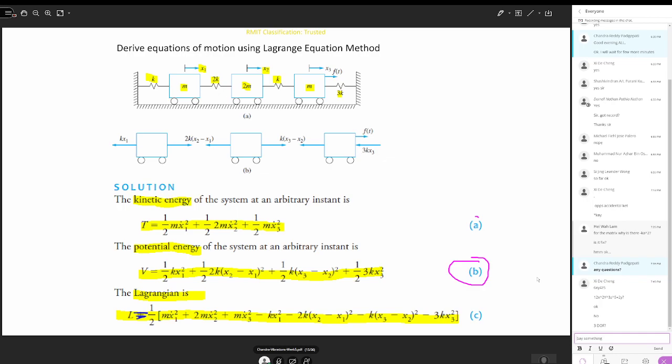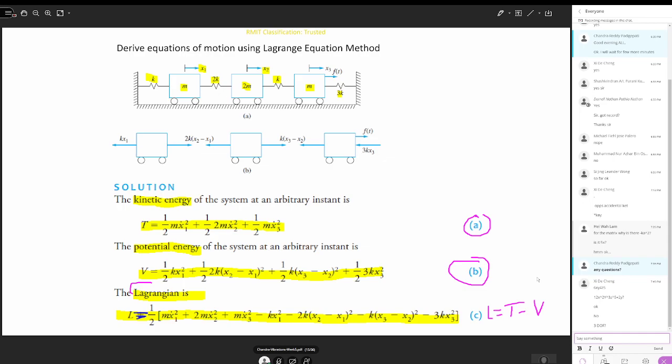Is that clear, guys? Equation A represents the total kinetic energy in the system, and equation B is the total potential energy in the system. Now we write the Lagrangian L. L is nothing but T, the total kinetic energy, minus the total potential energy.